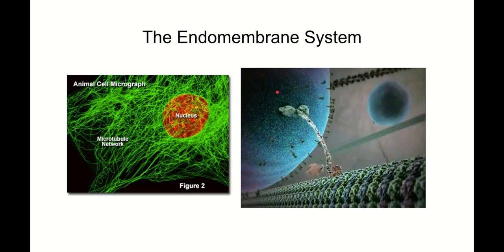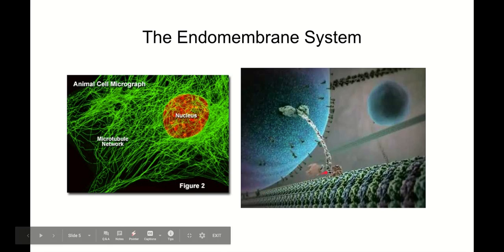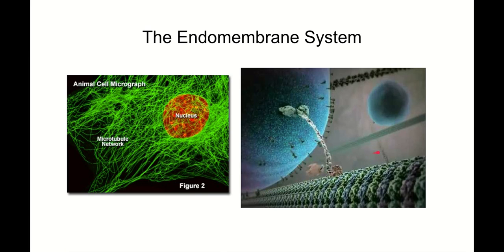Let's say this vesicle had come off of the rough endoplasmic reticulum. There's a microtubule on which a motor protein would walk that vesicle to the Golgi, right? And from there, wherever it needs to go afterwards. So just a quick note, that's your answer for the third question here. Vesicles are transported by motor proteins walking the vesicle along microtubules.